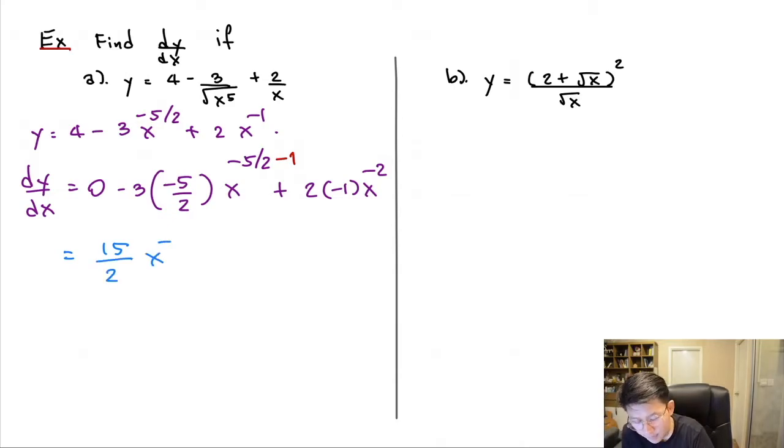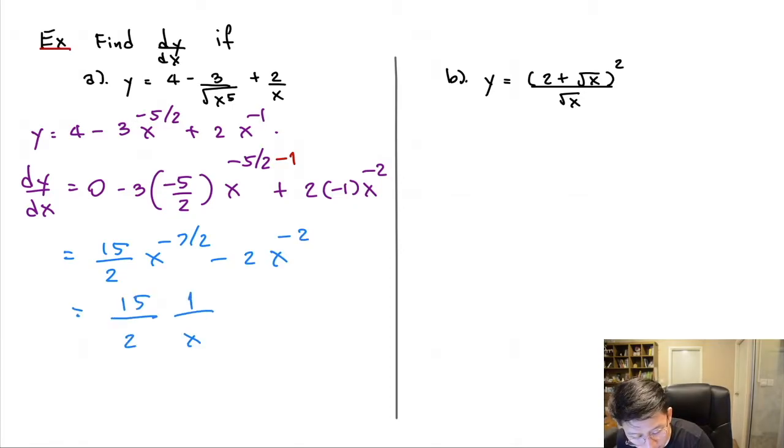Minus 7 divided by 2, isn't it? And it's minus 2 x to the power of minus 2. And that is 15 divided by 2, 1 over 7 x to the power of 7 divided by 2, minus 2 over x squared.